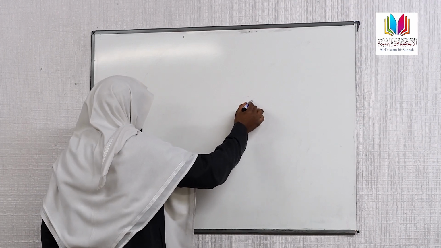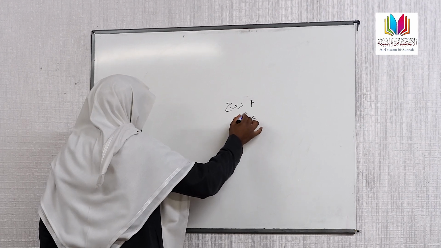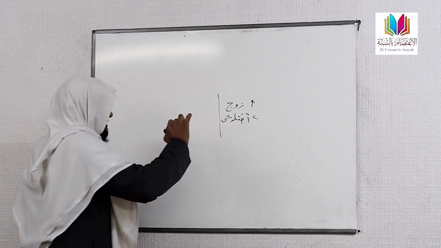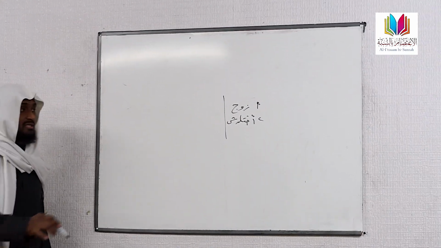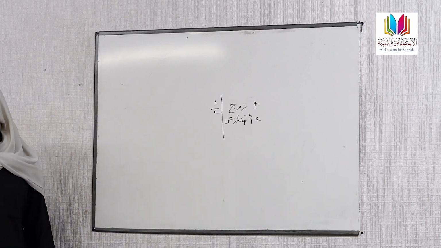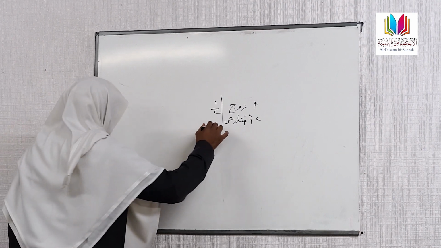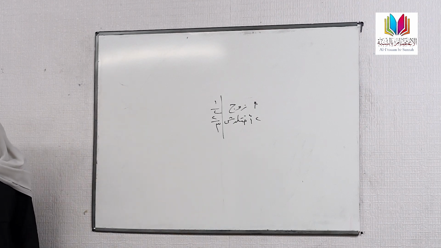For example, zawj and two uqtani shaqiqatani. What does the zawj get here? Yes. What do the uqtani shaqiqatani get? 2/3. Okay, the asl mas'ala is what? 6.